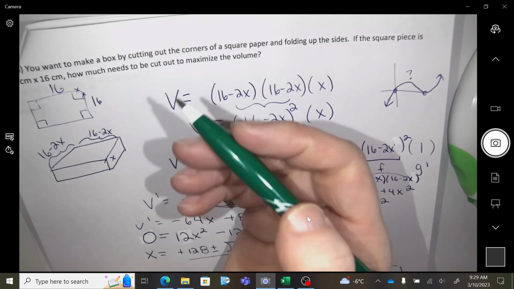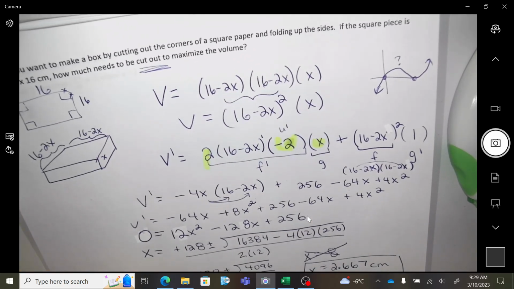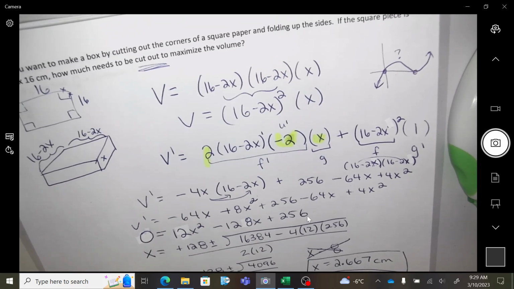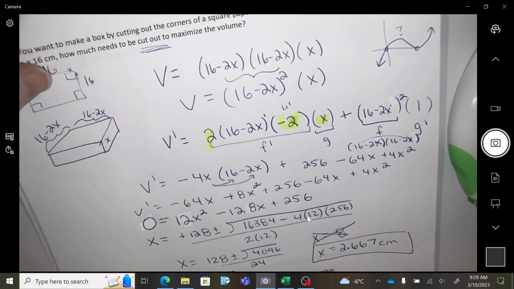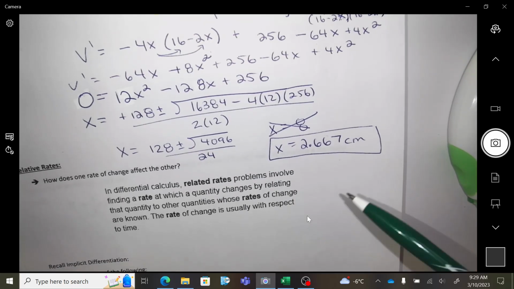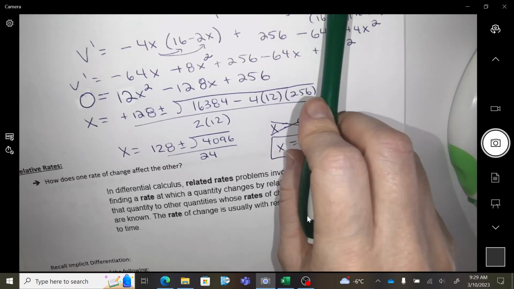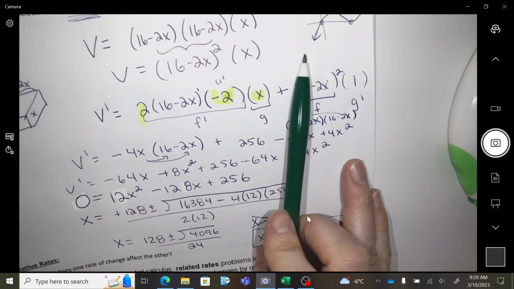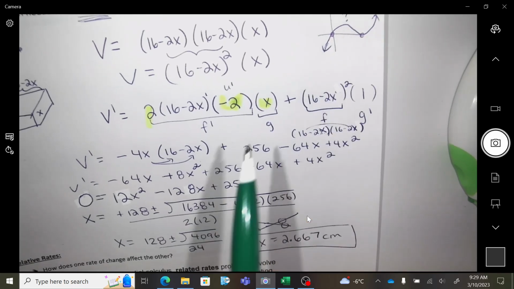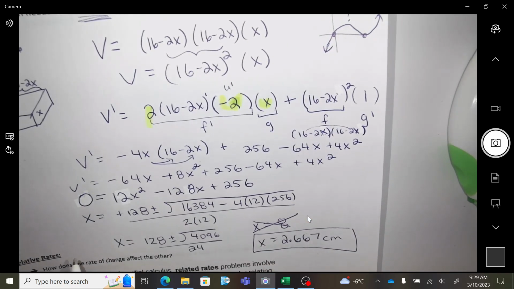But if I just say how much should we cut, then we're done. But if I say what is the max volume, that's what you're plugging in. Okay, so do you see how that's a little bit more precise? We can do more precision now with our graphing polynomials. Okay?